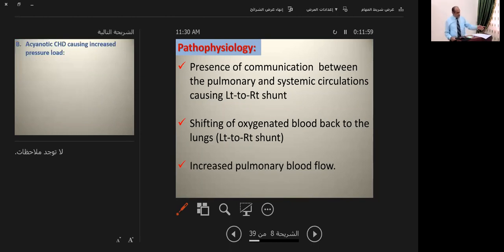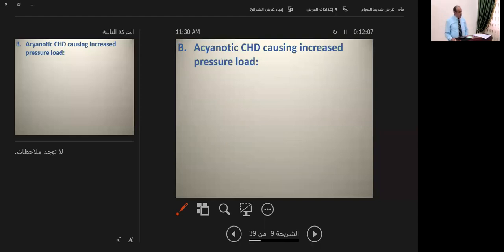As I said, pulmonary blood flow will increase, so the blood returning to the heart will increase, causing volume overload.